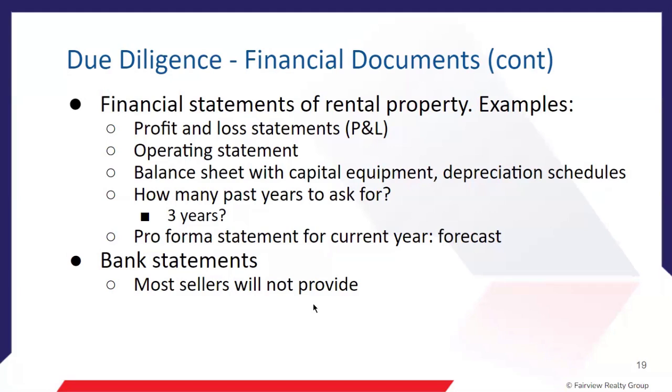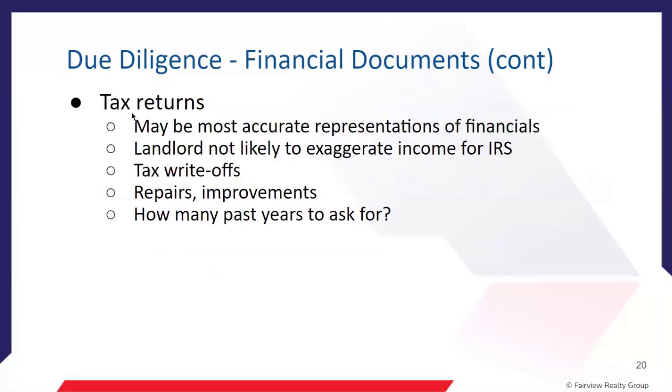And I guess the reason why I hesitated on this one, and some people did mention that people are not going to provide bank statements, is because there's another way to get that information, and that is through asking for the tax returns. A lot of people who were writing about this subject said these tax returns are probably better because they give you a really good overview of what the actual financials are for the rental properties.